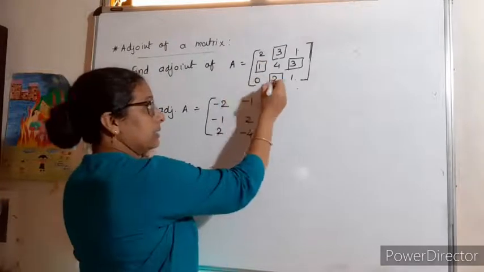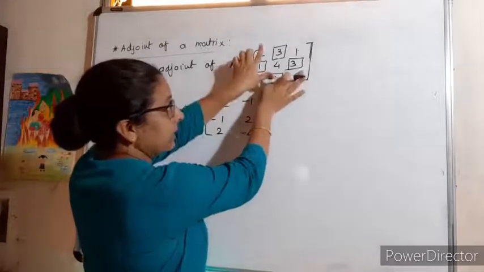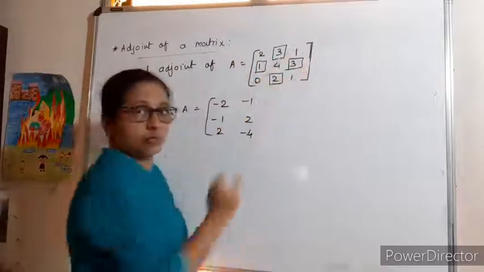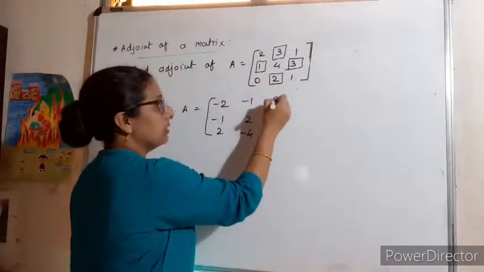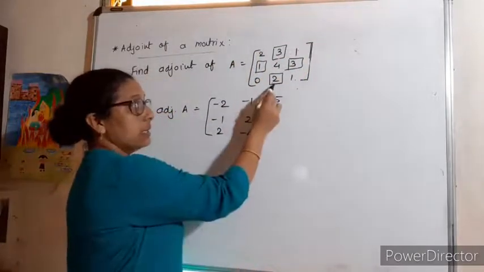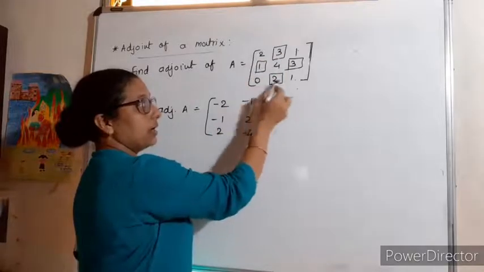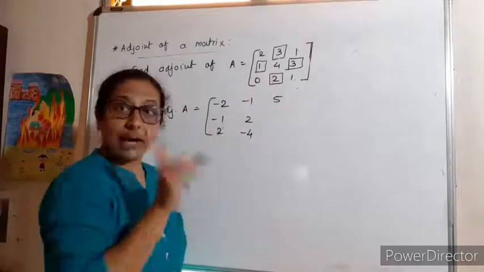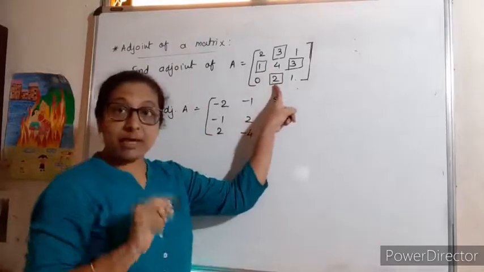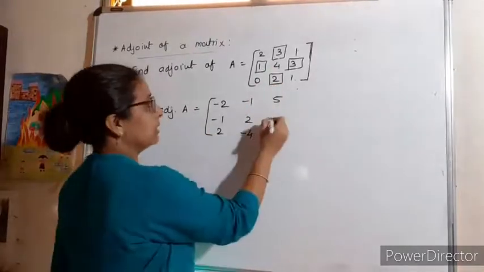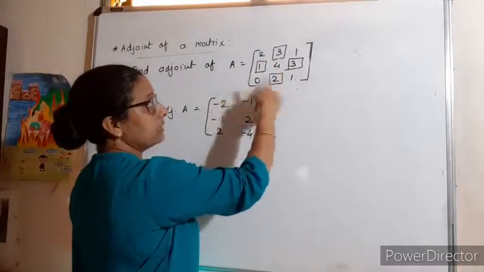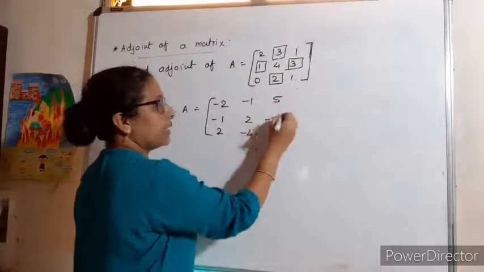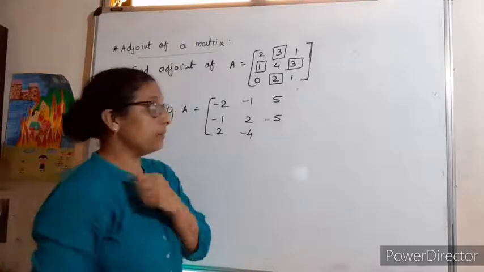Here hide this. Hide करेंगे 9 minus 4. What is it? 5. For this, hide this column and row. 2 3s are 6 minus 1, 5. But this is the place where we have to change the sign. It is, what is it? 6 minus 1, 5. But it is minus 5.